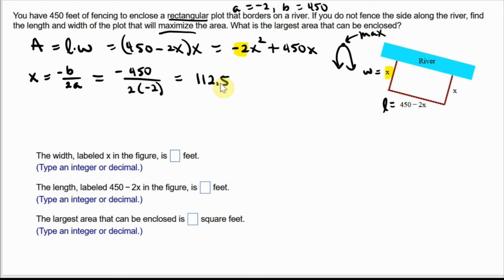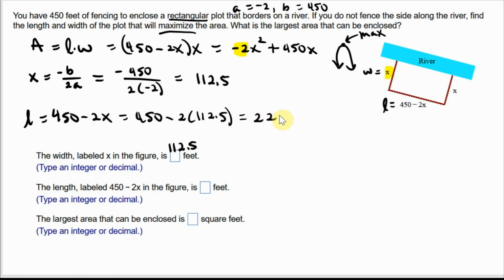So here the width is 112.5. So then the length is that 450 minus 2 times x. 450 minus 2 times that 112.5, and that gives us 225.